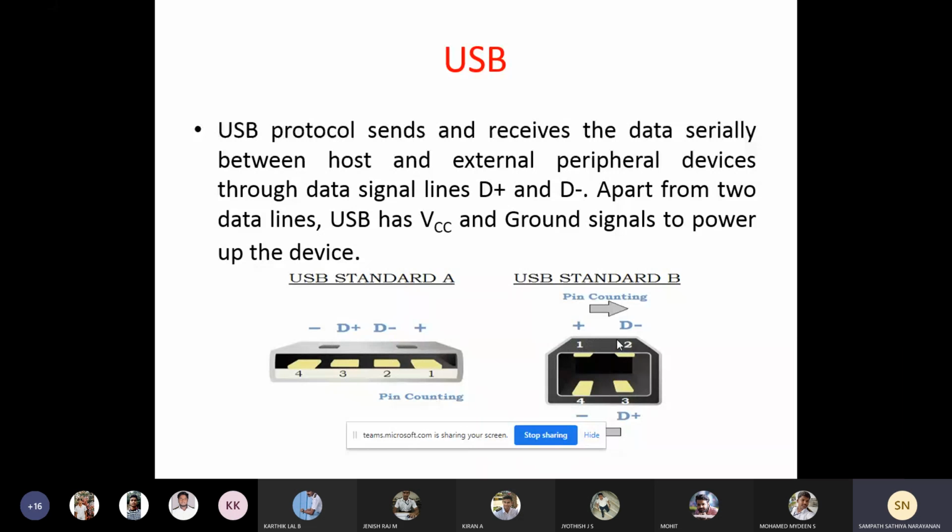Apart from the differential data lines, 2 important pins which are used are the supply and the ground line. USB self-powered devices, once they are connected, will draw the current from the host itself.